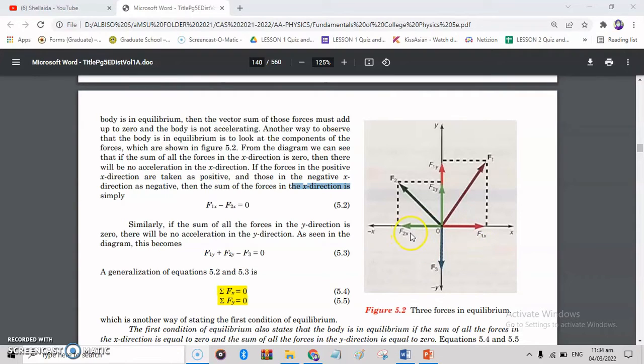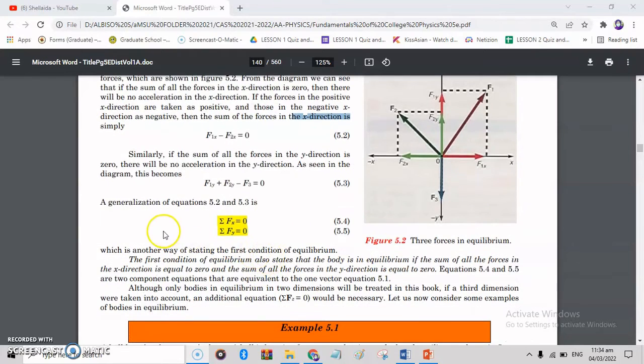And since this is in a static equilibrium, these are all equal to 0. Why? Because no acceleration. So F1x minus F2x is 0. Similarly, for the y component, there are 3. What are these? This F3, this F2y, and this F1y. Since they are all positive, minus F3, okay? So F1y plus F2y minus F3 is 0.